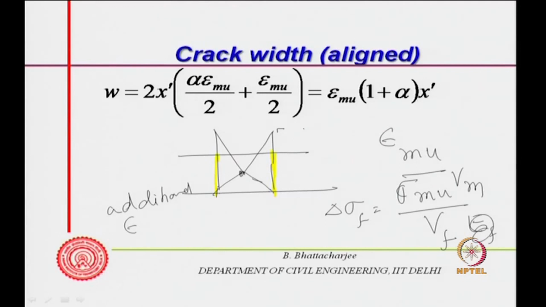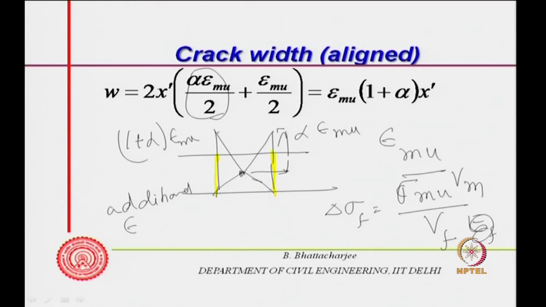At this point it will be alpha epsilon mu, and this was already there. So, the total strain at this point is 1 plus alpha epsilon mu, so the average additional strain is half alpha epsilon mu. So, there is an additional strain in the fiber, therefore, there is an elongation.